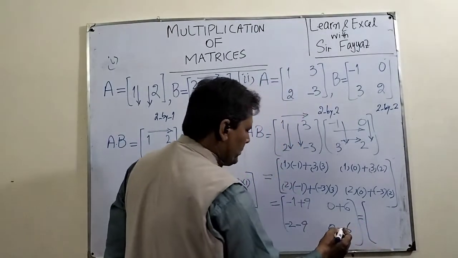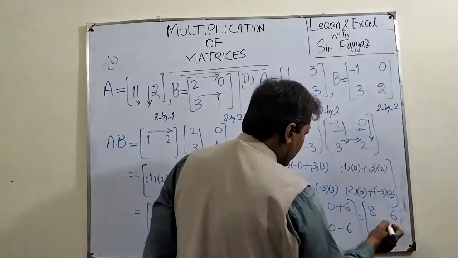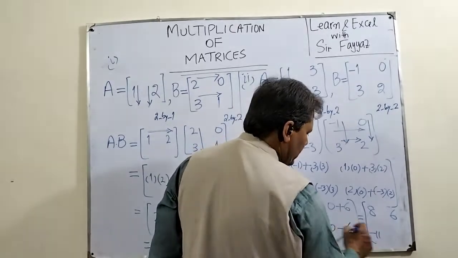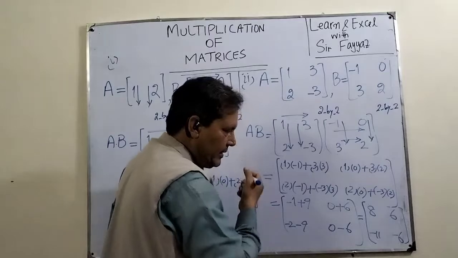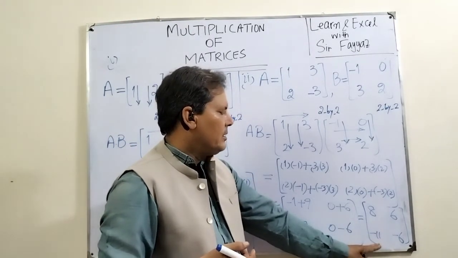The result comes out to be minus 1 plus 9 is 8, 0 plus 6 is 6, minus 2 minus 9 is minus 11, and this is minus 6. So this is our required answer, which is a 2 by 2 matrix.